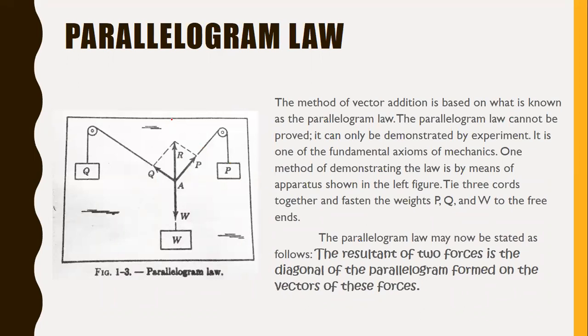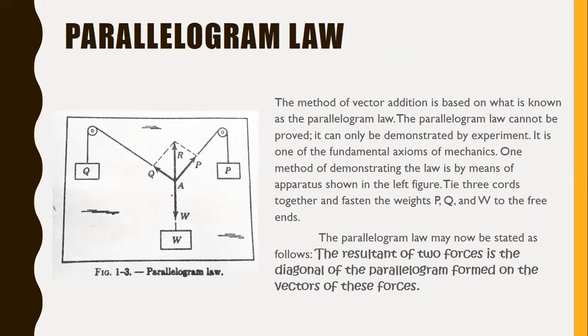Now, for the parallelogram law, the method of vector addition is based on what is known as the parallelogram law. The parallelogram law cannot be proved. It can only be demonstrated by experiment. It is one of the fundamental axioms of mechanics. One method of demonstrating the law is by means of the apparatus shown in this figure.